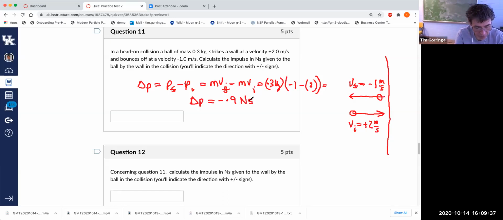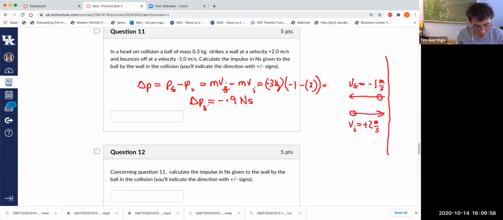So that's the change in momentum, or the impulse given to the ball. And it's negative because the ball was going in the positive direction and now it's going in the negative direction. So it's given an impulse in the negative direction. Now I'm going to just add a little b on that for the ball.